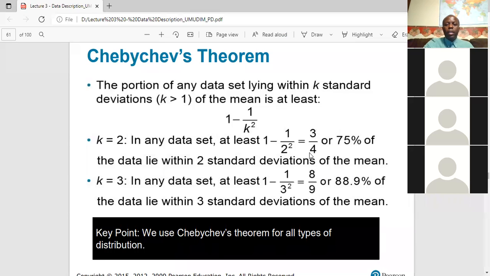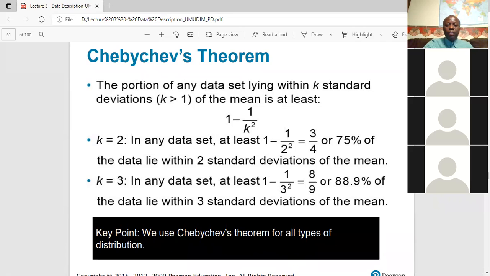See? So, for any portion of any data set lying within K standard deviations of the mean, it will be at least 1 minus 1 over K squared. For K equals 2, it will be at least 75%. And if you change K to 3, you get 88.9%.